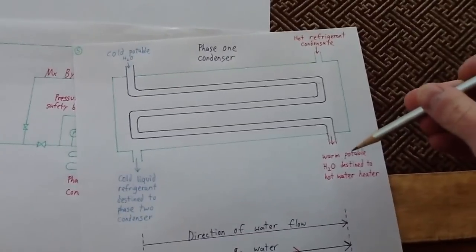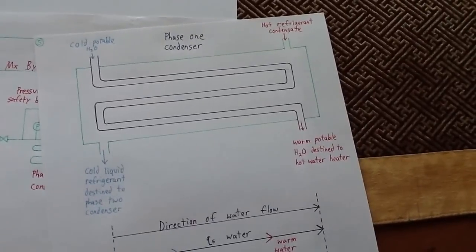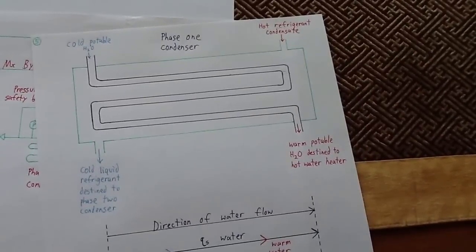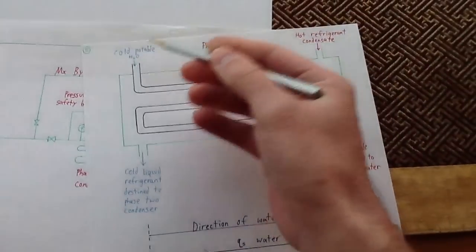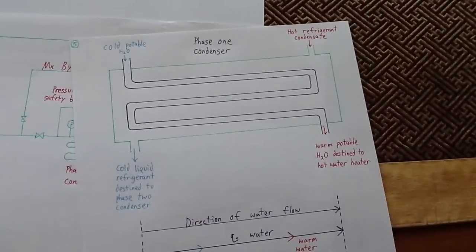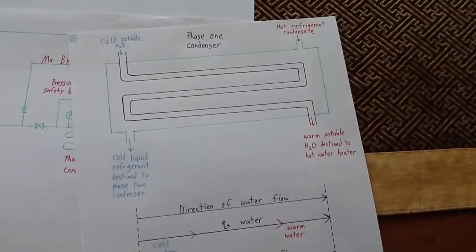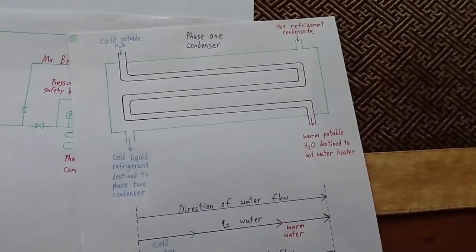This warm potable water then goes to your hot water heater. Now, because the temperature of the potable water before it ever reaches the hot water heater is higher than what it would have otherwise been, you're decreasing the amount of energy that your hot water heater has to use to heat the water up the rest of the way to system temperature for use throughout your building.